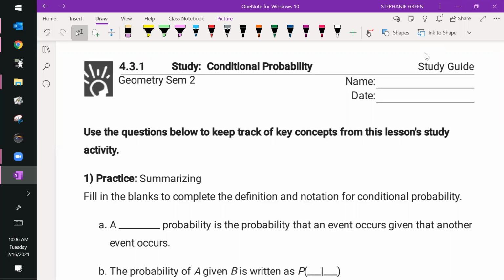So the events rain and umbrella are dependent because one affects the other. Now we're going to talk more about how we actually relate those probabilities when they're dependent. We talked about how to relate the probabilities when they're independent of each other, but we completely skipped the dependent side of things. So that's the part we're going to talk about today, dependent events.